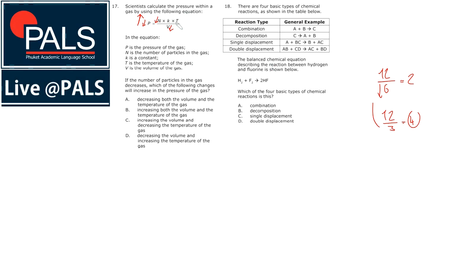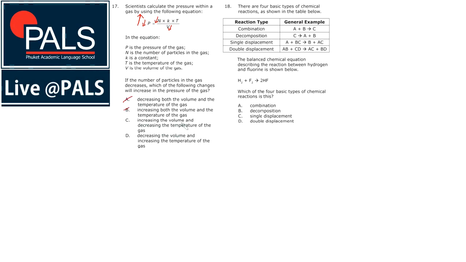So that sounds good. Decreasing the volume sounds good, but decreasing the temperature doesn't sound good. Increasing both volume and the temperature, so this is the opposite. Increasing the temperature sounds good, but increasing the volume would lead to a further decrease, so B is not correct either.